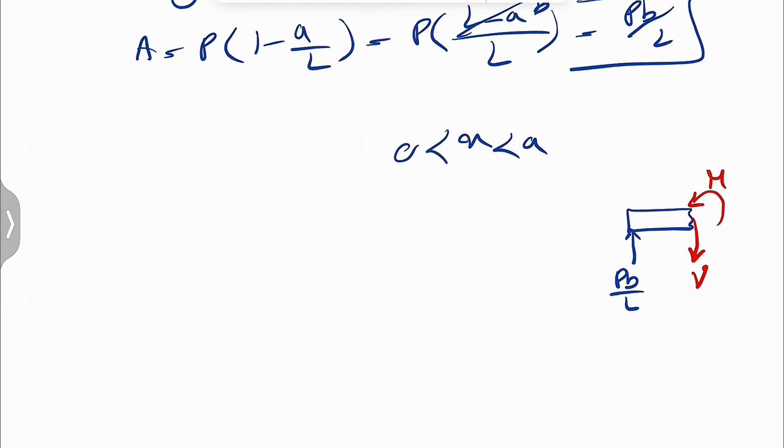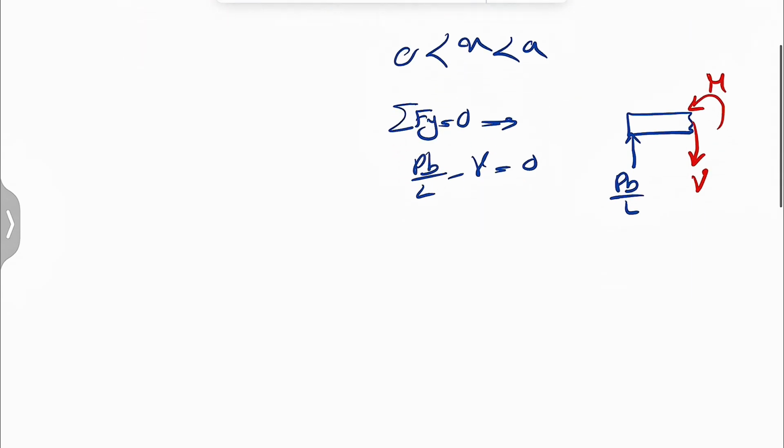Same idea, we have the equilibrium, sum of all forces in Y equals 0 to find our V, so Pb over L minus V is equal to 0. So V is Pb over L. It's going to be a constant value.